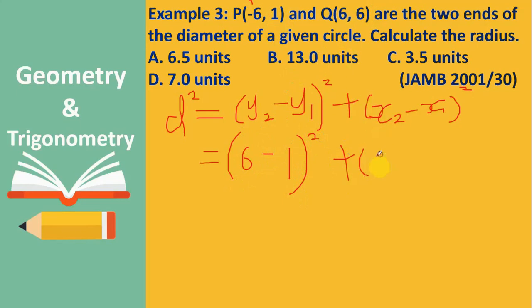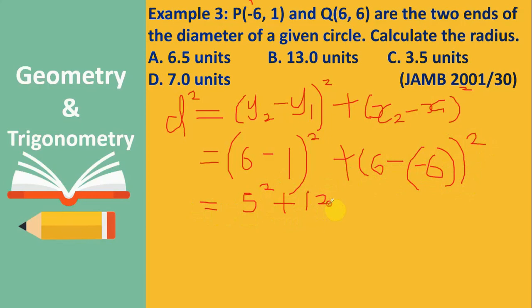So that will be 6 minus, what is my x1? Minus 6. So all square. Now, 6 minus 1 is 5, and that is 5 square. I hope you're following.